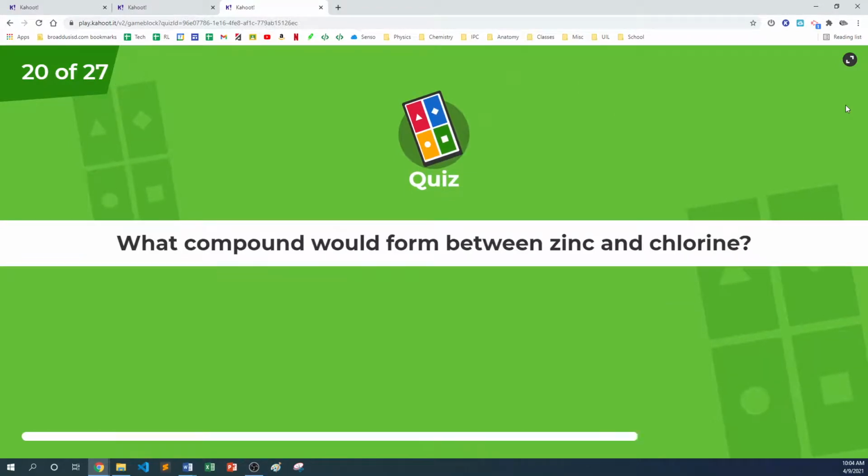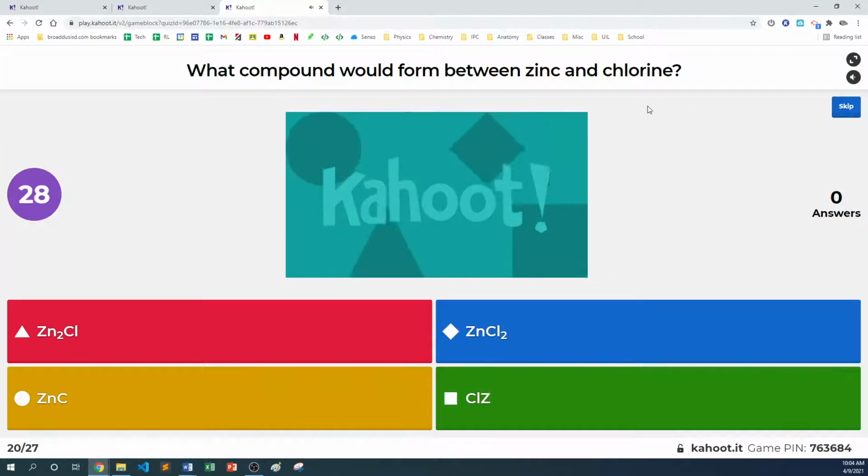What compound would form between zinc and chlorine? I forget the charge on zinc.